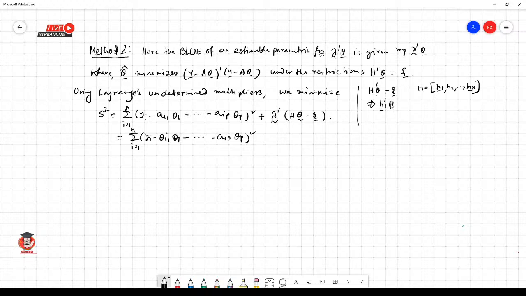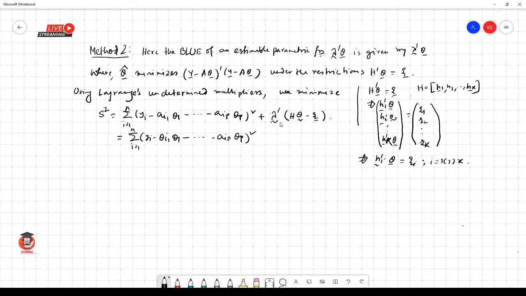Okay, so h1'θ, h2'θ, ..., hk'θ is equal to ξ1, ξ2, ..., ξk. So this equals hi'θ = ξi, i from 1 to k.